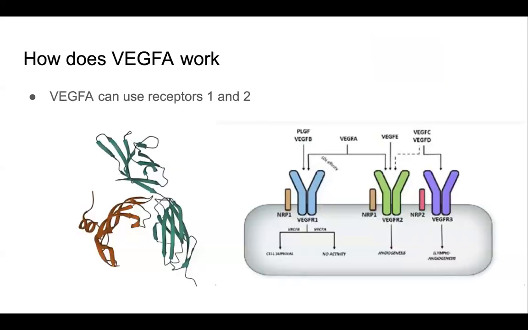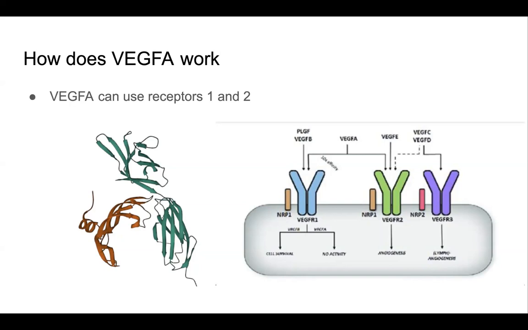Moving on, on the left, you can see the VEGFA protein. It's alpha folded. That's why it has an A. And it's a disulfide homodimer. Homodimer just means that there's 2 existing monomers that are exactly the same. And this protein will bind as a ligand. It'll bind to either receptor 1 or receptor 2.